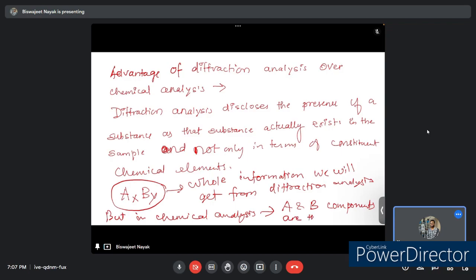Chemical analysis will only tell us that A and B components are there, but how much, in what proportion, we will not be able to get in chemical analysis.